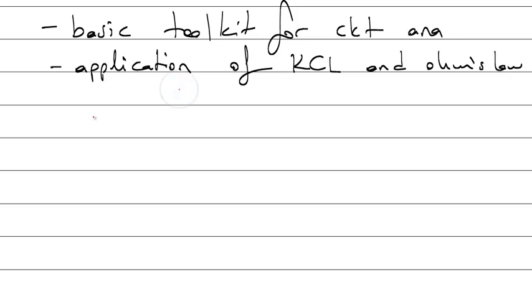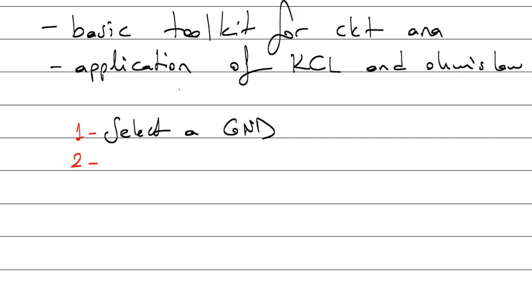It has 5 steps. First step is select a ground. There are some nodes in the circuit. If the ground is not given to you, you have to select a ground.